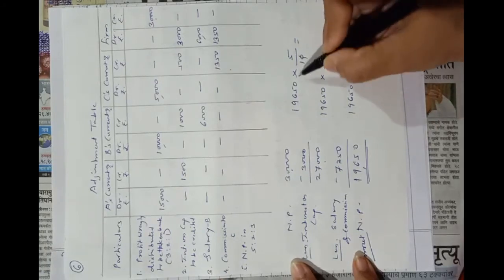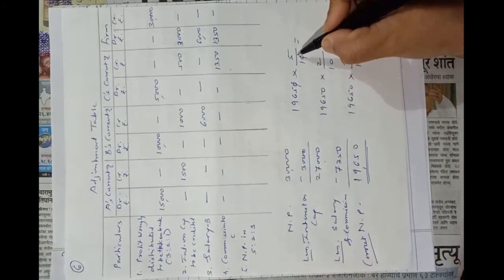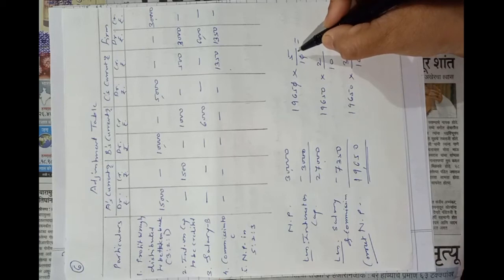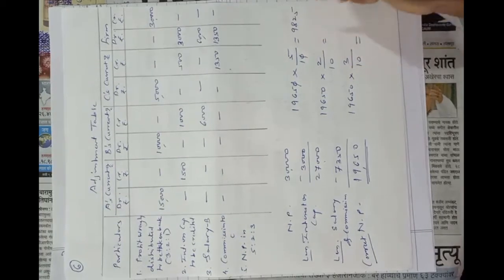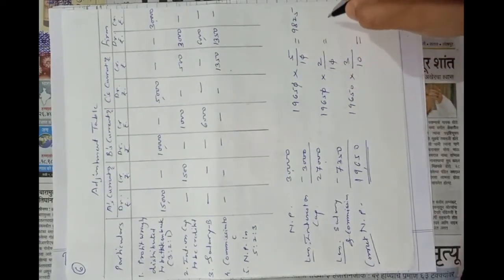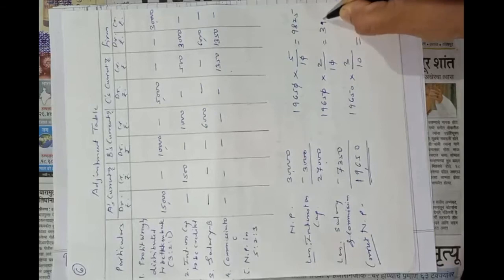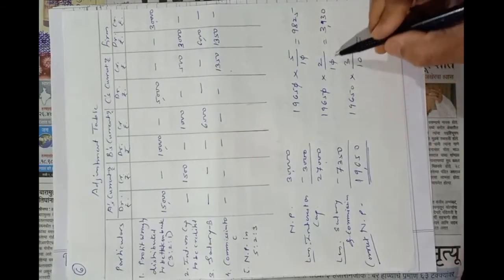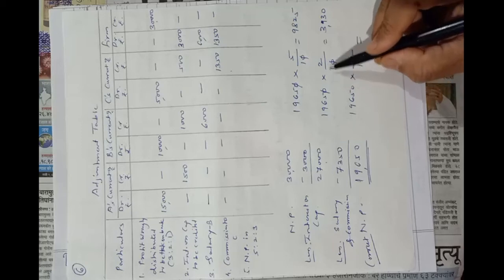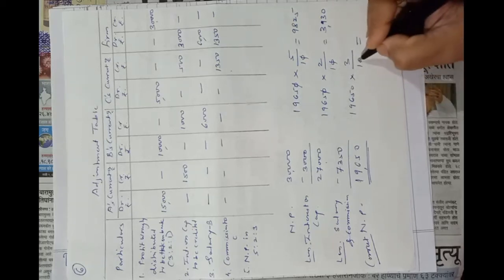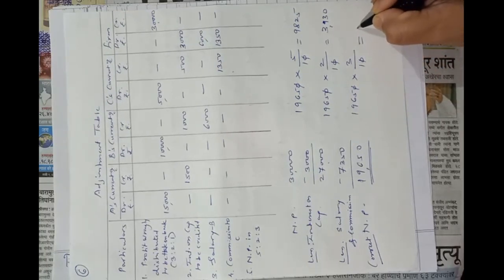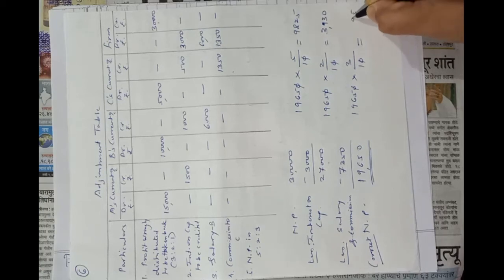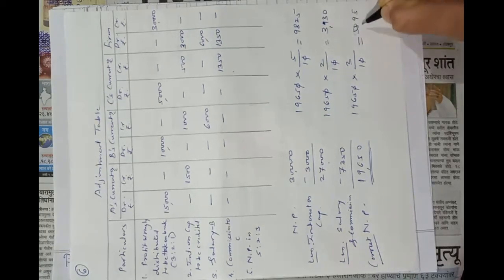Here 1965 into 5 is 9825, then 3930. Correct. Then here 1965 into 3 is 5895.